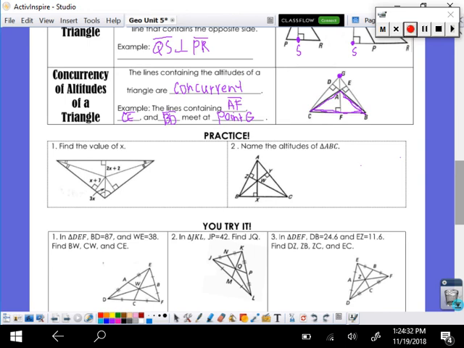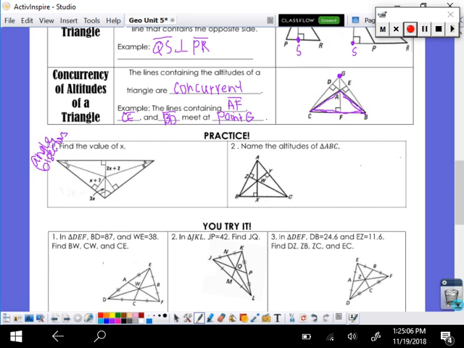Okay, so looking at number 1, do we have the altitudes of this triangle? Hopefully you answered no, because remember the altitude is going to be from a vertex to the opposite side and it's perpendicular. So I would only see one altitude right here, right? All the other ones don't even connect to the other side. These actually are not going to be altitudes. We're going to be looking at angle bisectors. So notice all of the angles are split into 2 equal pieces.